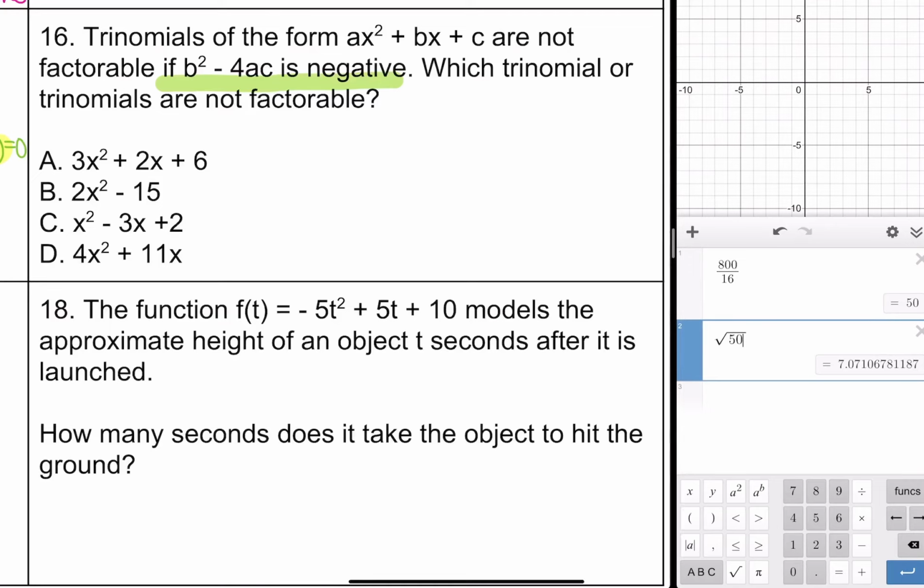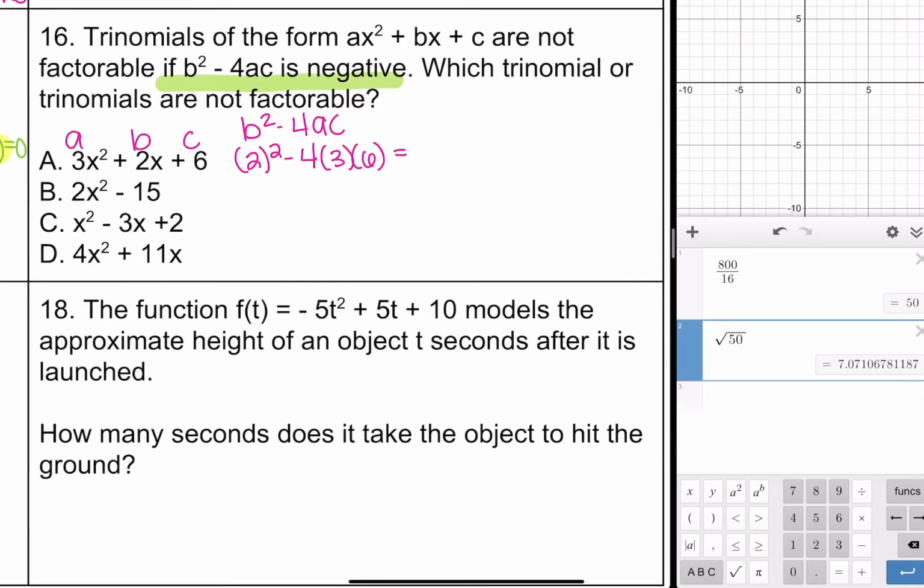So basically all we're doing is plugging in b squared minus 4ac for each of these quadratics. That means we need to know what a, b, and c are. All right, so let's plug it in and see what we get. b squared would be 2 squared minus 4 times a times c.